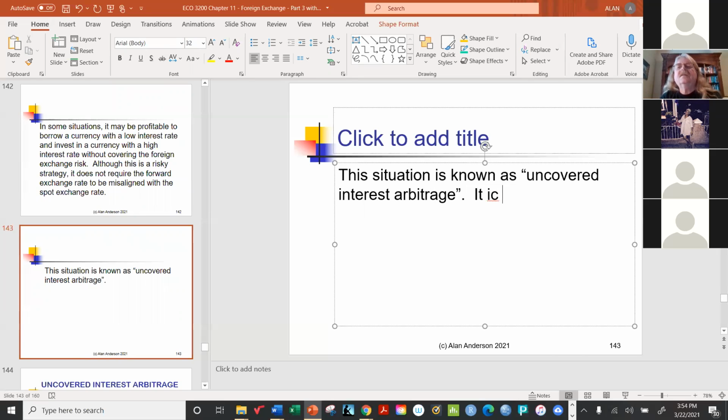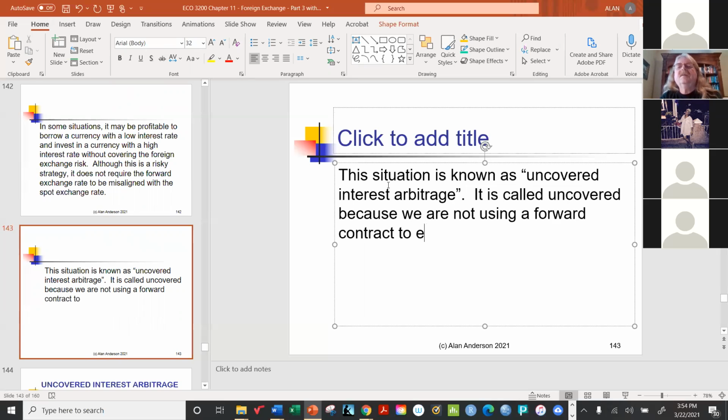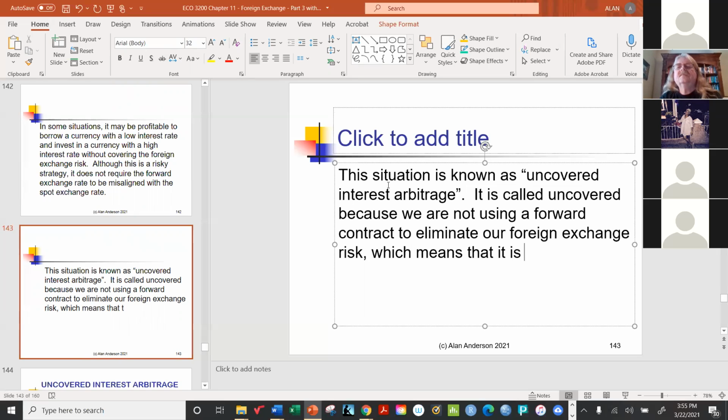It is called uncovered because we're not using a forward contract to eliminate our foreign exchange risk, which means that it is technically not an arbitrage. But the media always referred to it as uncovered interest arbitrage anyway.